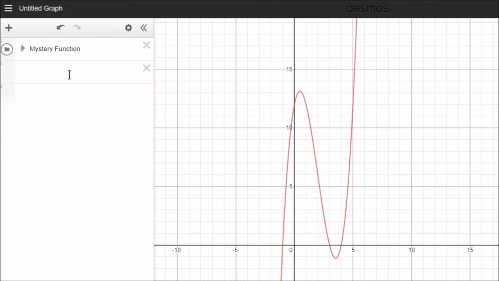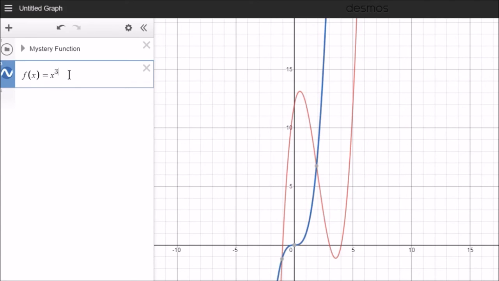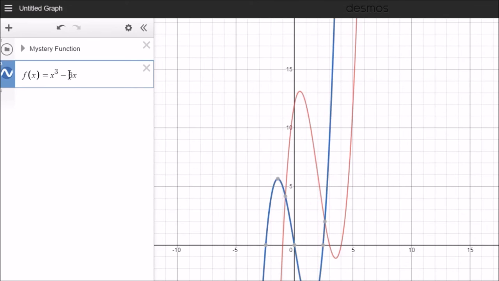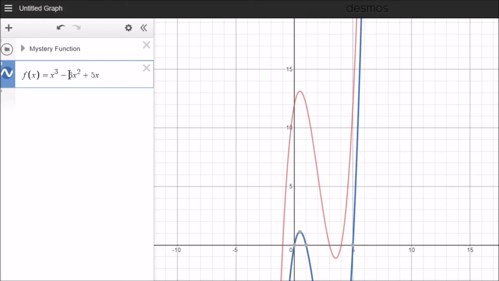So let's put our function in. We have f of x equals x cubed minus 6x squared plus 5x plus 12.